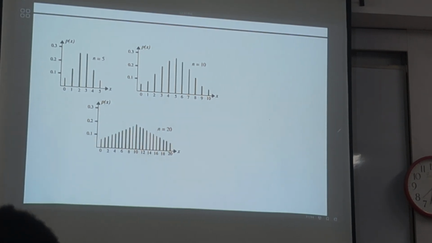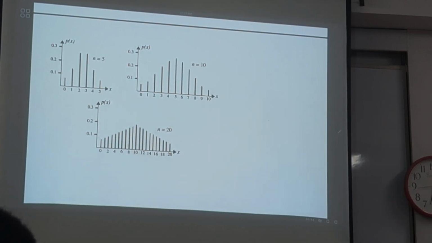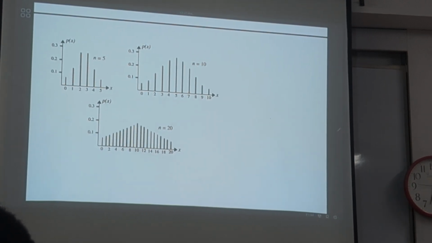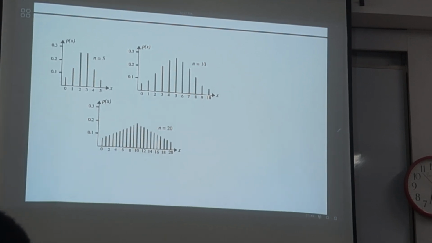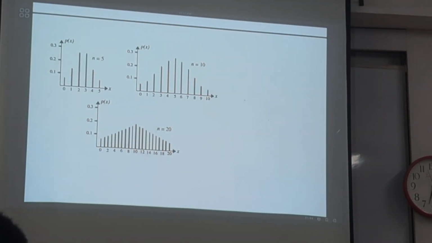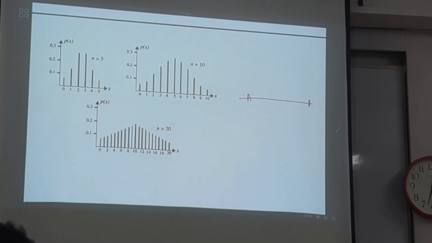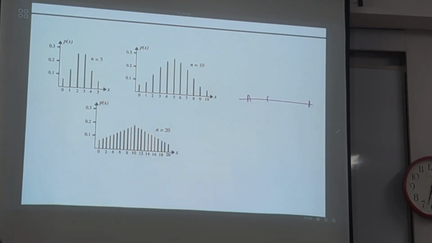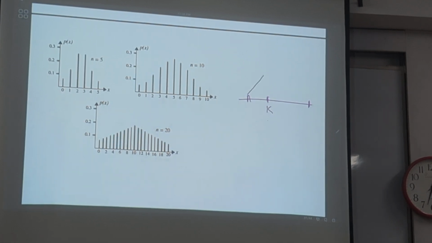The probability curve for the binomial is a discrete kind of curve. The probabilities are defined only at certain values, but it is similar to the normal curve, not exactly. What actually happens? If this is the set of values, there always exists a k. Up to k, the probability actually increases.